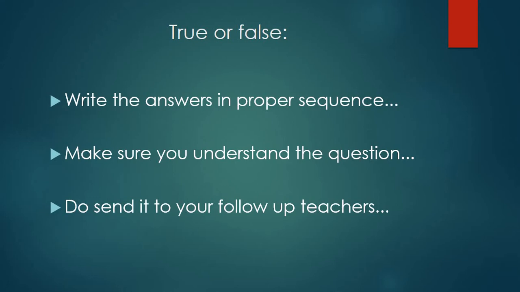As this is true or false, don't write the statements or the questions. You just write whether the statement is true or false, and for not getting into any confusion, you have to write the answer number properly in a sequence. That is answer 1, answer 2, answer 3.